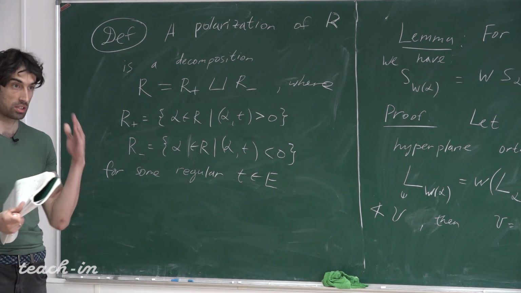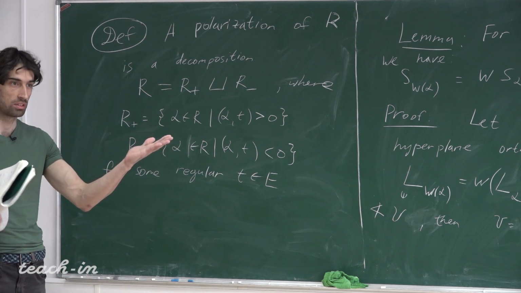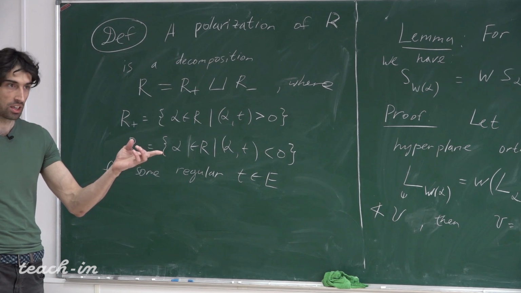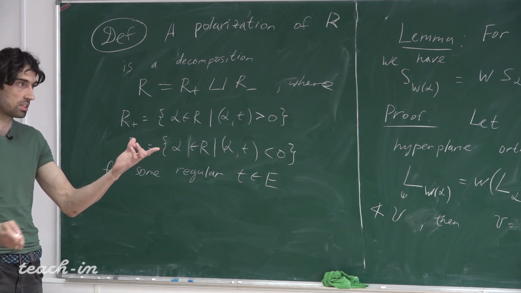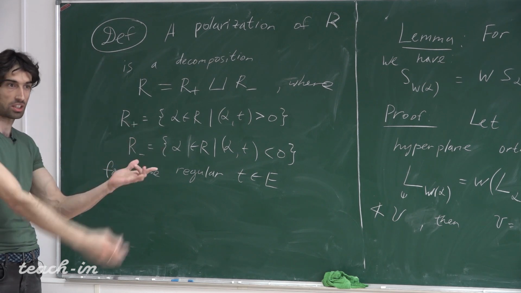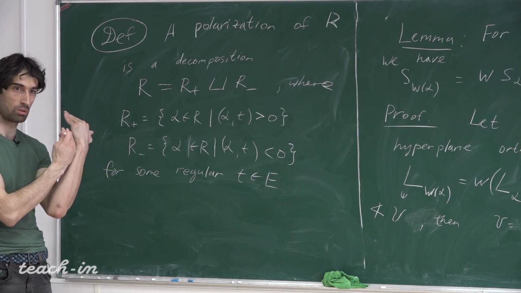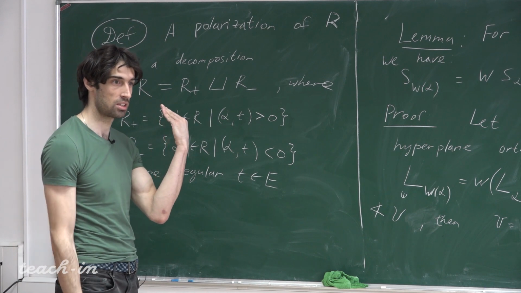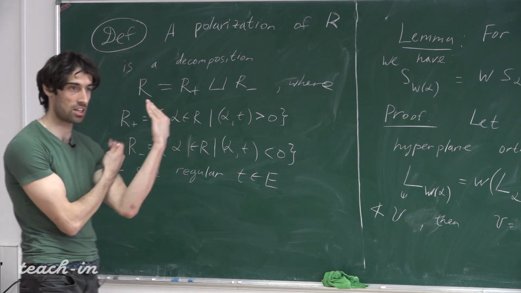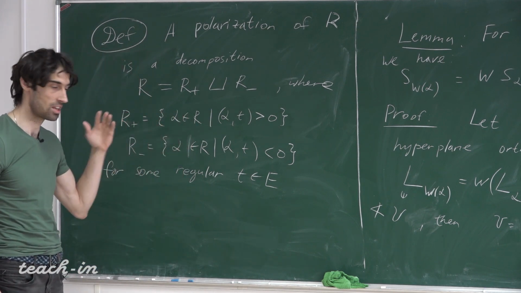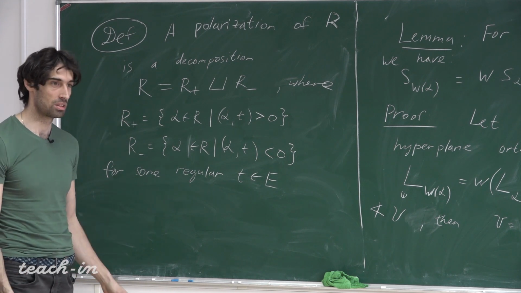So I choose an element, right? And which is regular, means that I choose a plane actually that does not contain any of roots. And then on one side of this plane, I say all roots are positive, on the other side are negative. So that's basically what I'm doing.